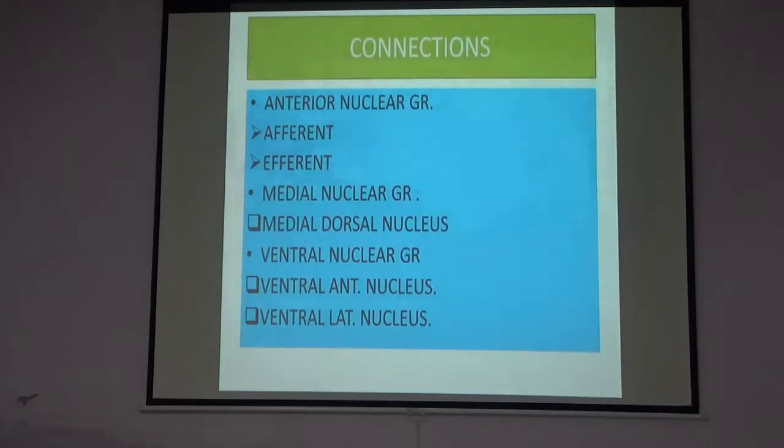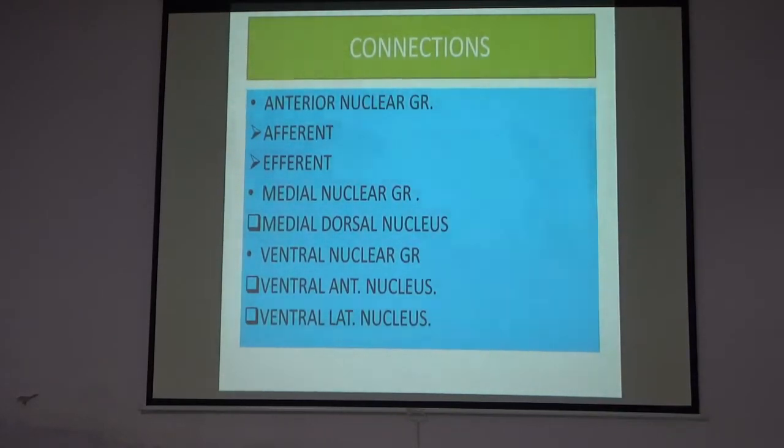Then we come to connections. In connections, first for anterior nuclear group, all connections are divided in afferent and efferent. First, in anterior nuclear group, we have anterior nucleus, and afferent to that is mammillary bodies, and they are connected through mammillothalamic tract, and efferent to paracentral lobules, posterior part of cingulate gyri.